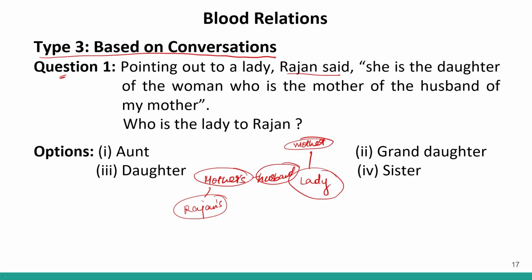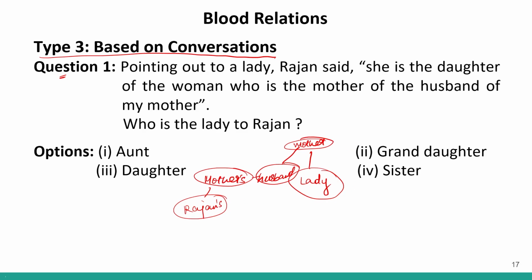Okay. So mother of the husband of my mother. So this particular relationship will be established. Let me repeat. Rajan said the lady is the daughter of the woman that is the mother of the husband of my mother. So this relationship will be established.